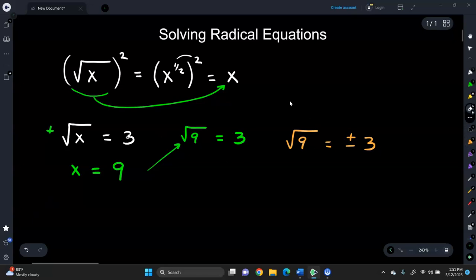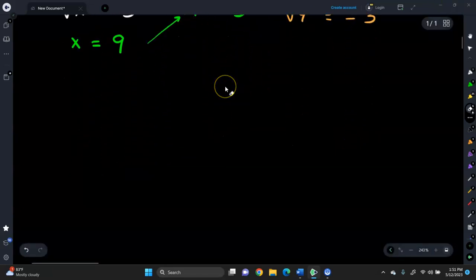If it was the negative square root, it would actually have a negative sign outside that square root. Okay, so when we're solving equations, the absence of a plus or minus means we're only looking at the positive root. Okay, so let's just apply this simple method to some more complex versions.